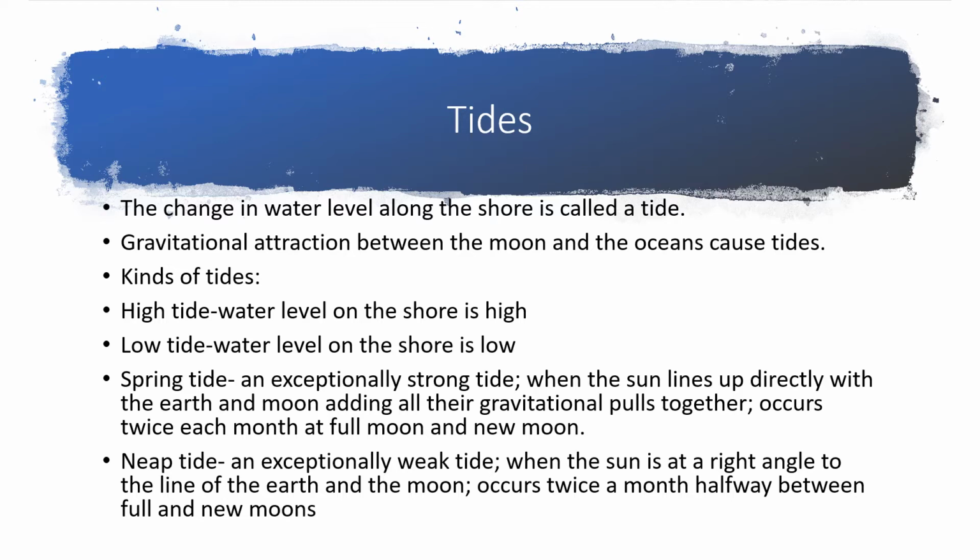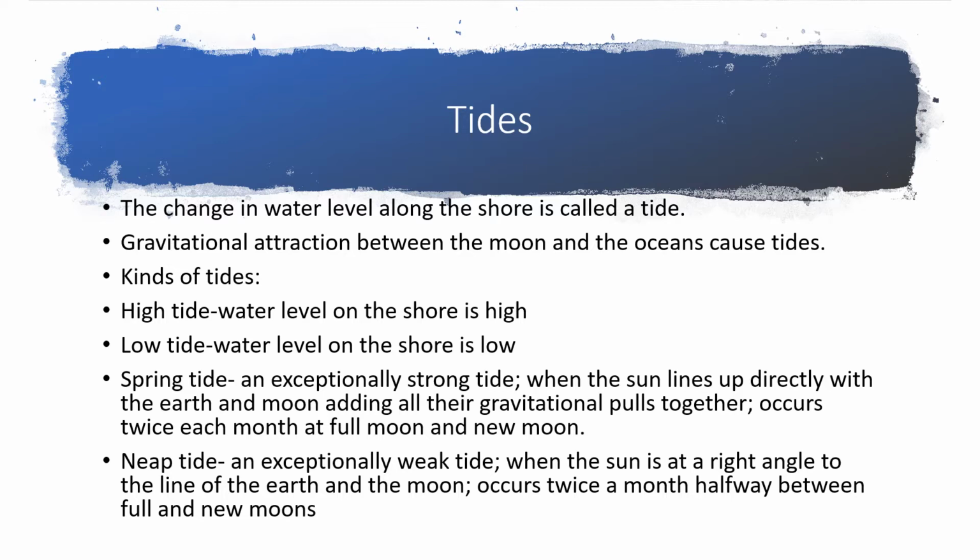And there are two kinds of tides. There's a high tide, which is where the water comes up very high onto the shore. And then there's a low tide, and that's where the water goes back to the ocean and leaves a lot of the land exposed.